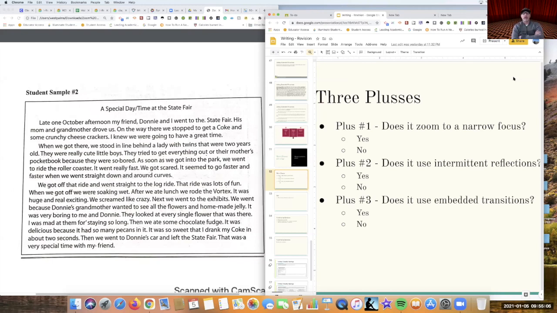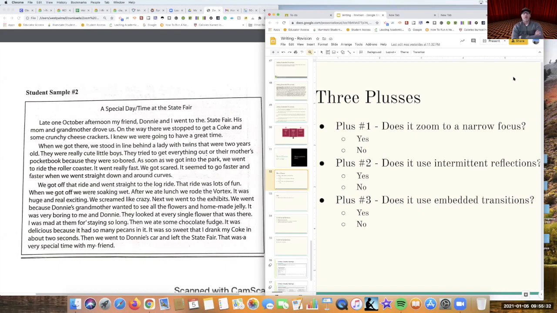It doesn't necessarily have to be something that dramatic, although that would be great, but it's focused on one thing. And here, the author's just talking about a series of rides in very shallow language. It went really fast. We got scared. Those are examples of telling, not showing.